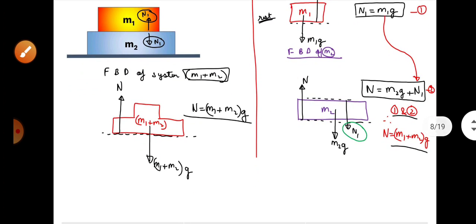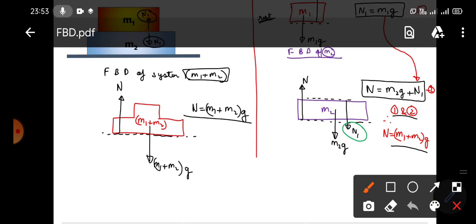Now if you take these two as one system, this block m1 and m2 in the same system, then we have to calculate how many forces are acting. So gravity is attracting with how much force now? If you consider m1 plus m2 in the same system, then the total mass is m1 plus m2. So gravity is attracting with m1 plus m2 times g force.